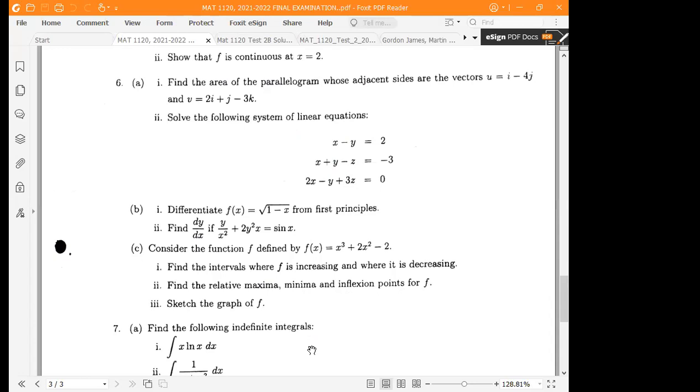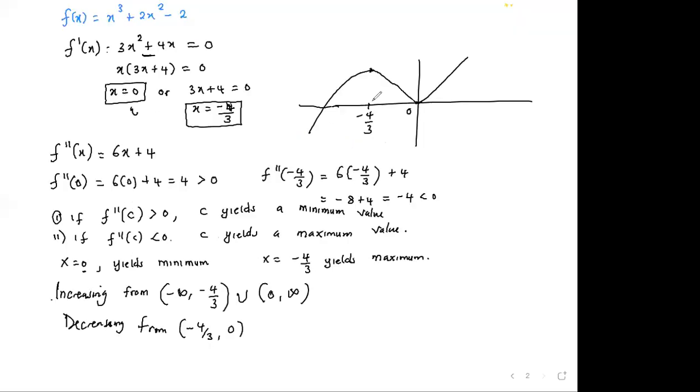Mr. Keith, what's an inflection point? An inflection point is a point where the function is not increasing and it's not decreasing, but it has a bump. It has some kind of shape that is very difficult to describe. For example, this function.